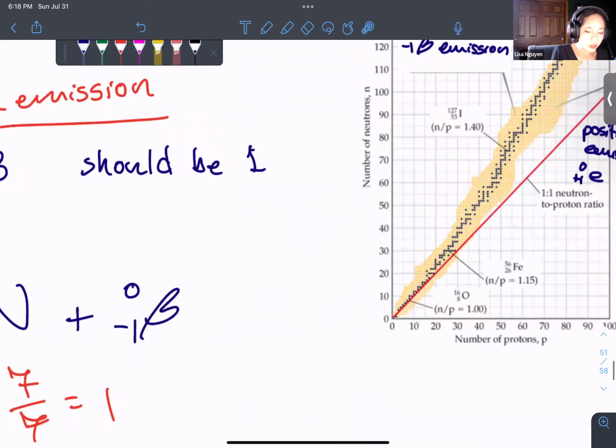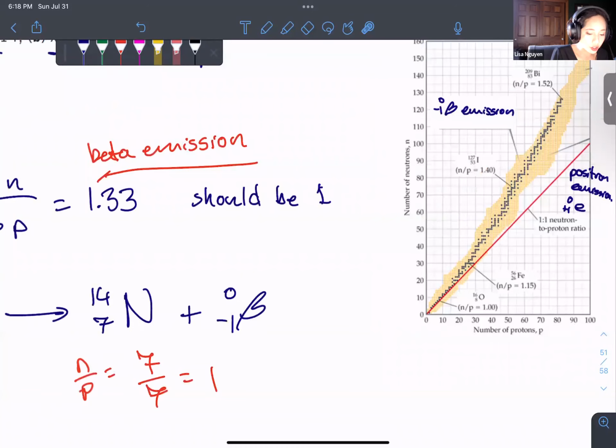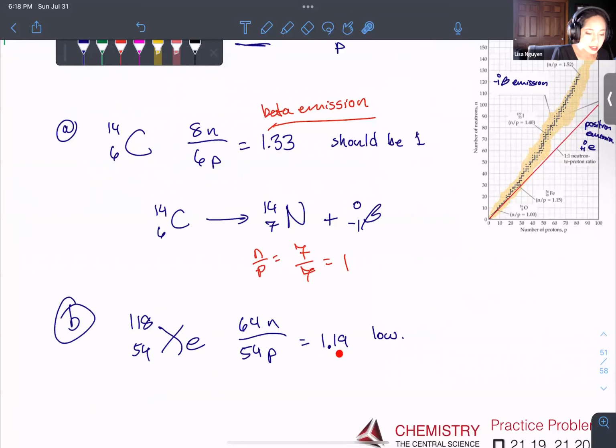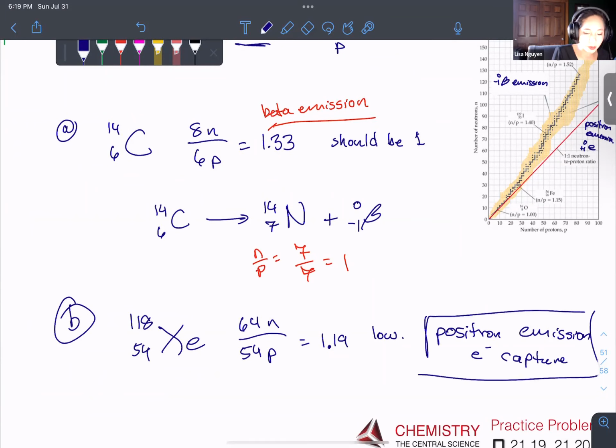Xenon is pretty close to iodine, so 1.4 should be the most stable neutron to proton ratio. I recognize that this number is pretty low. So probably what's going to happen is positron emission or electron capture. Either of those will bring that neutron to proton ratio up closer towards the belt of stability.